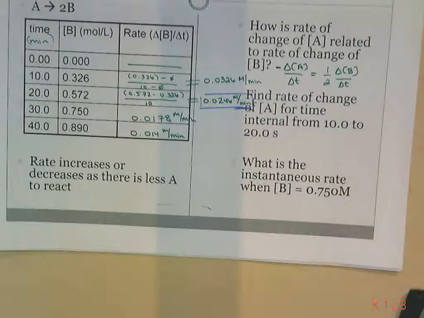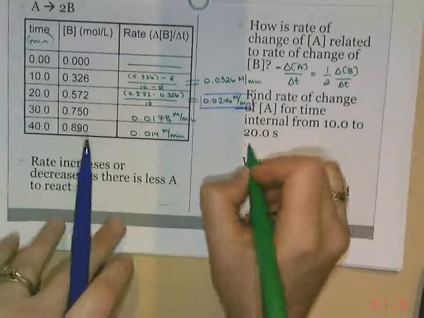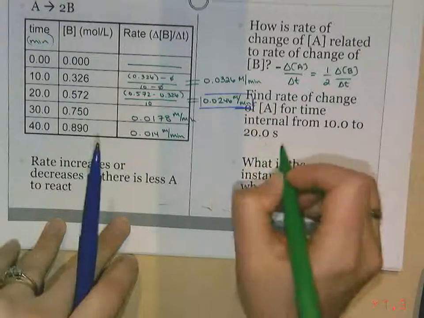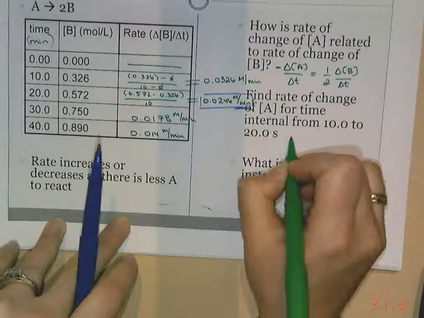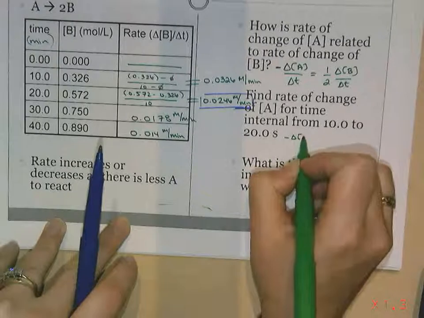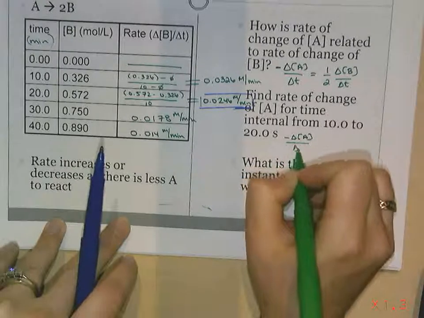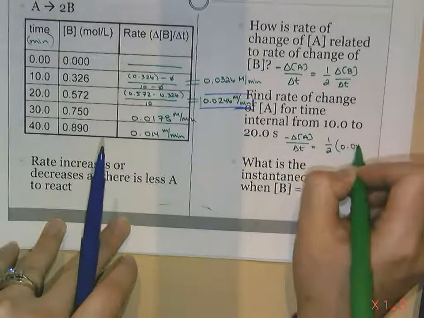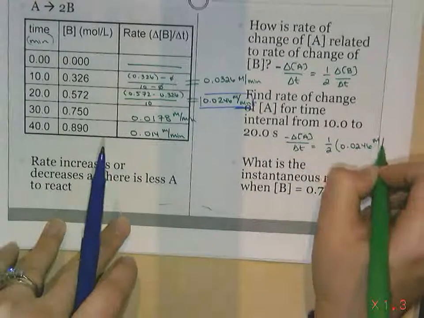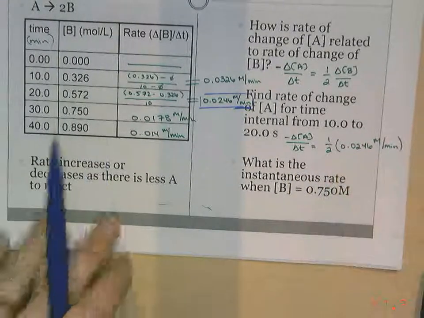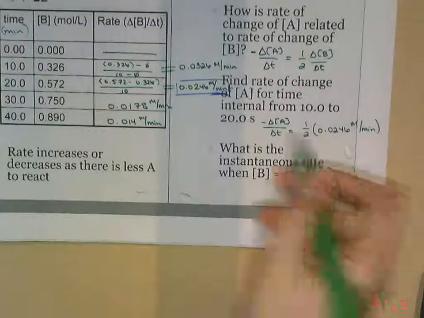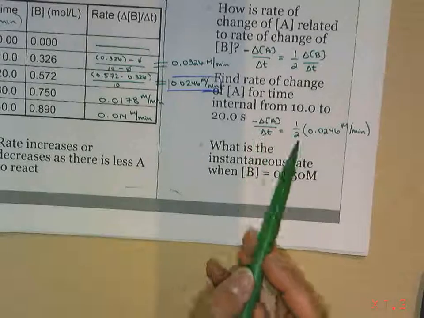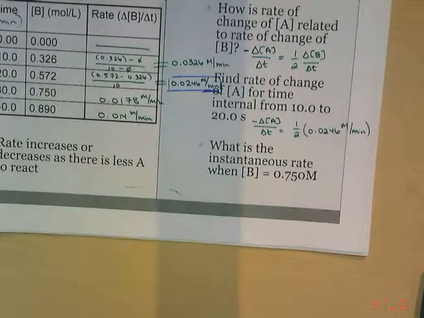So I want to figure out, right, because I already know delta B, because I just found it over here. And how A is related to B is that A is 1/2 as fast as B. So you just plug it in.